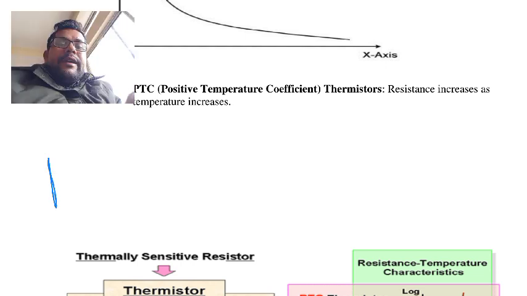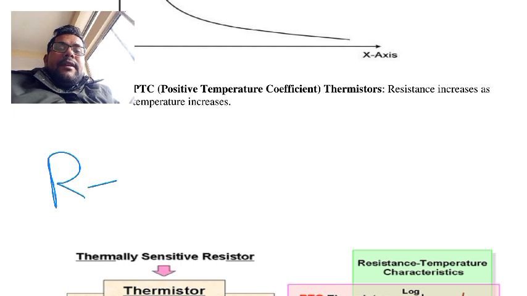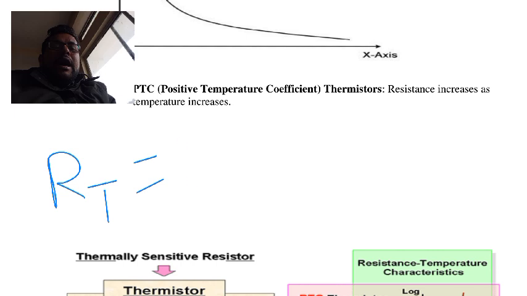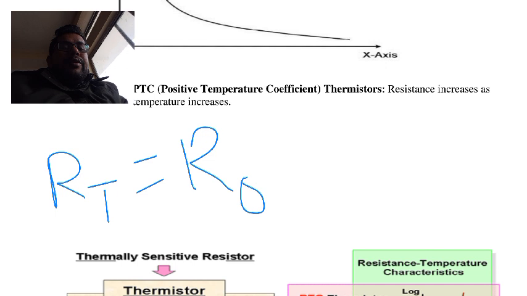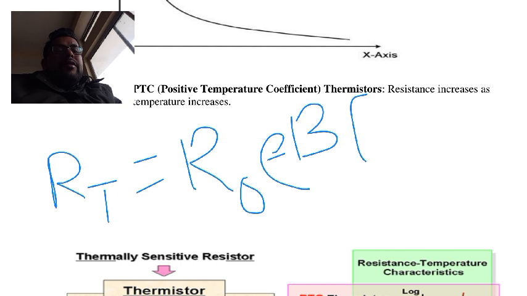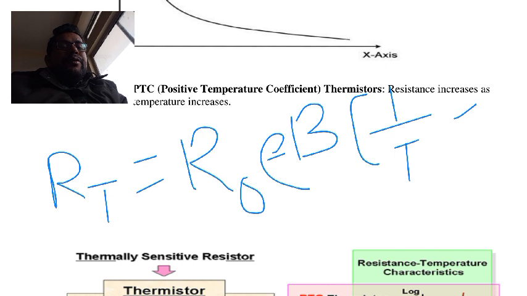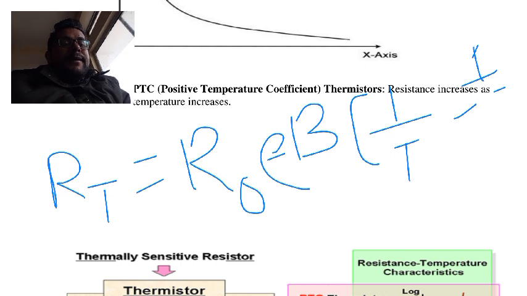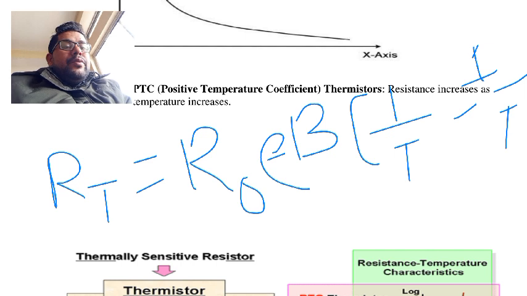I can write RT equal to R0 into e to the power beta, where beta is a material constant, times 1 upon T minus 1 upon T0.